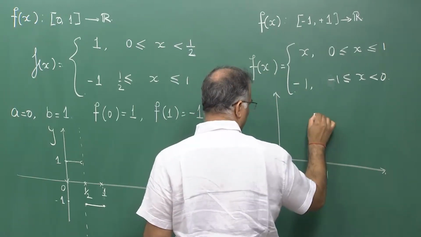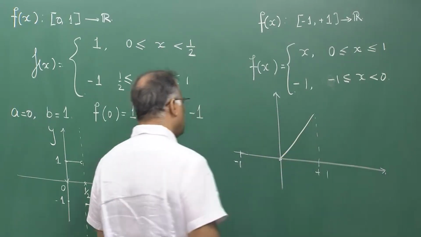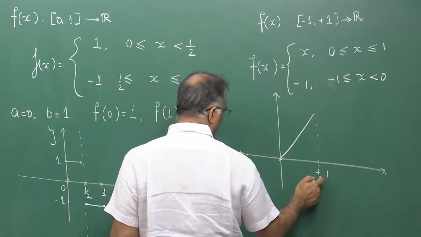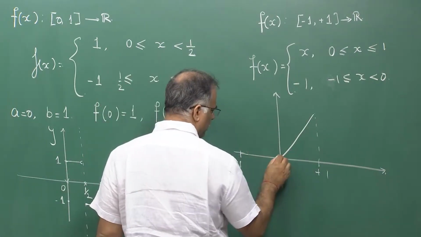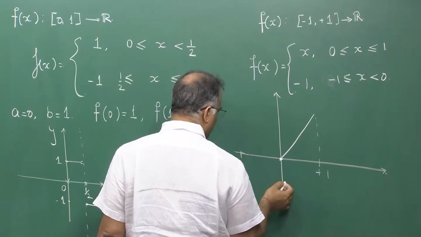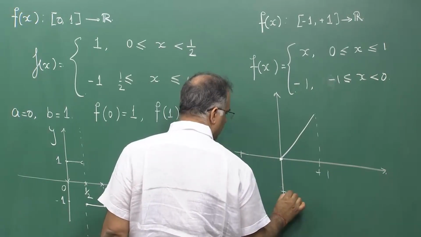So, you come from here. In this case f(b) is plus 1, if I take b to be plus 1 and a to be minus 1, and from 0 to minus 1 I put the value minus 1. So, here is minus 1.